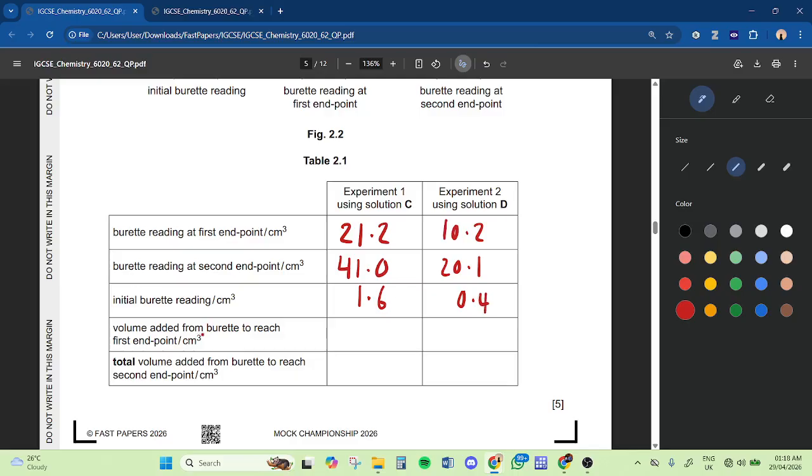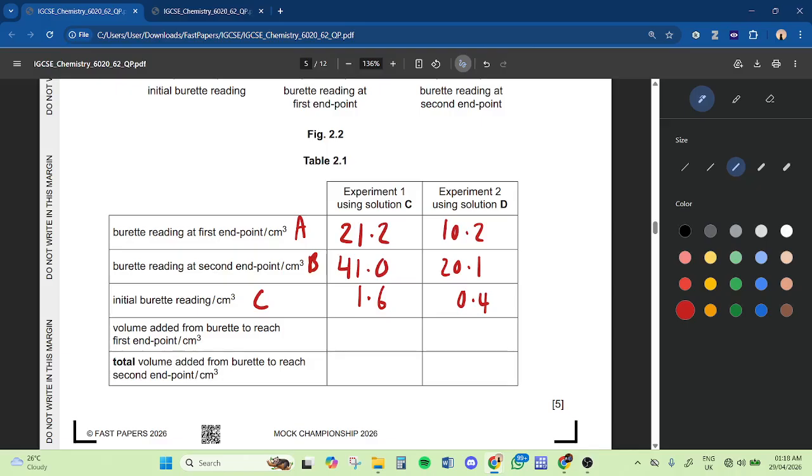So we need to figure out the volume added from the burette to reach the first endpoint. So let's label these all. Let's call this A, let's call this B, and let's call this C. So the volume added from the burette to reach your first endpoint means how much volume did you add to get to the first endpoint.